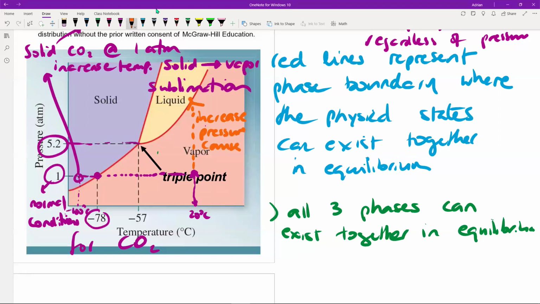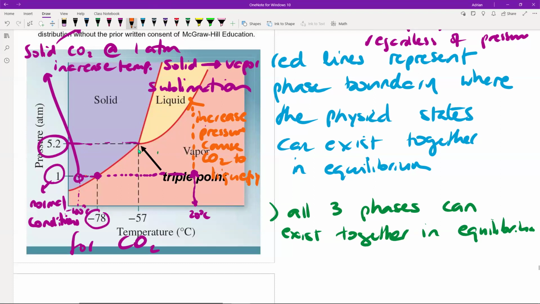Okay, so if we know where we're starting off on our phase diagram, we can take a look and see how the phases change as a function of changing the temperature at a constant pressure, or changing the pressure at a constant temperature as well.